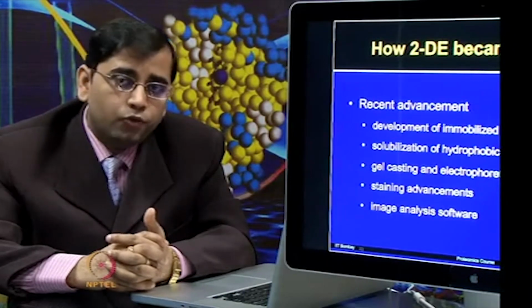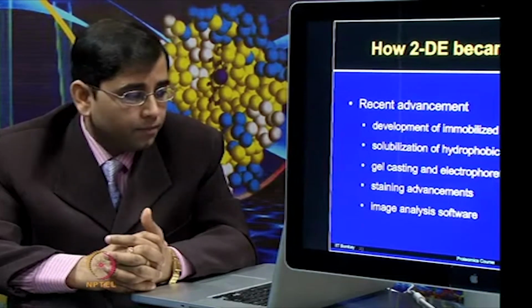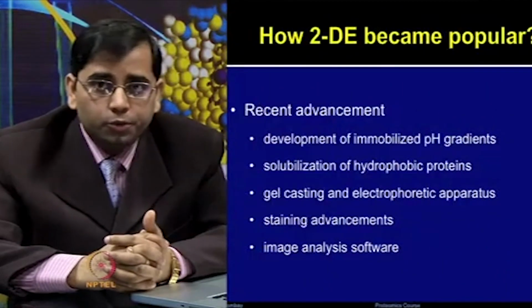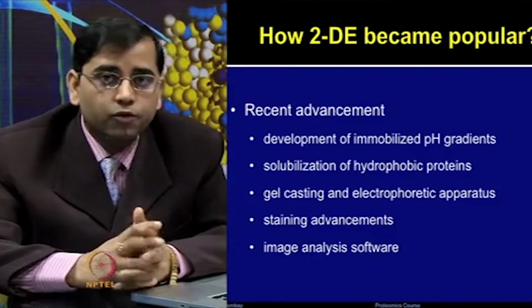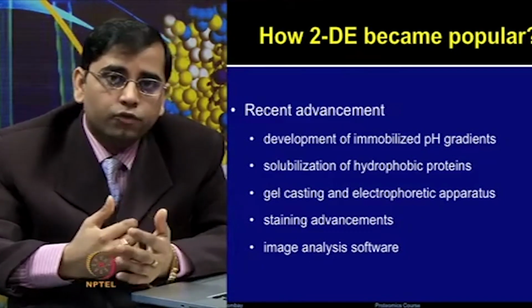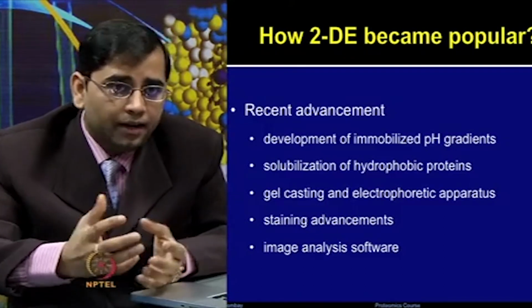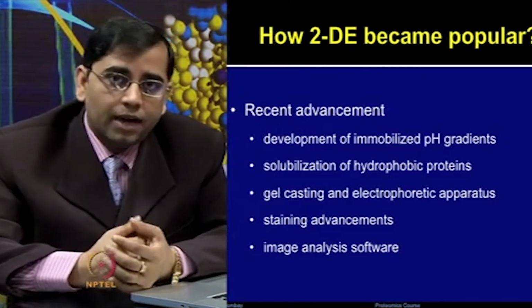Solubilization of hydrophobic proteins, which were difficult to separate on the gel, improved. Then reproducibility also advanced because of advancement in the gel electrophoretic apparatus and gel casting units. Again, a lot of companies and manufacturers came into play and helped to improve the gel casting and electrophoretic units.